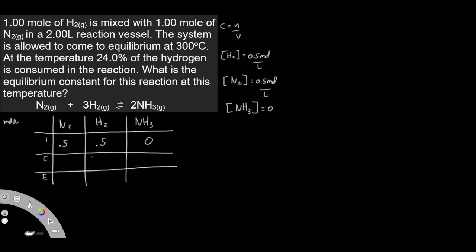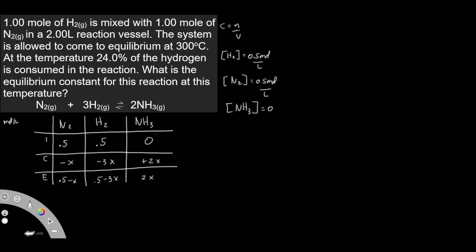In terms of our changes, for N2 there was only one coefficient, so it would just be negative x. For H2 it would be negative 3x, and for our NH3 it would be plus 2x. So let's add them all up and sum it for our E's. There we have it.